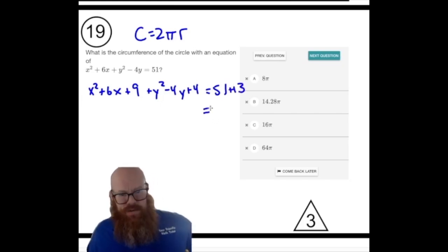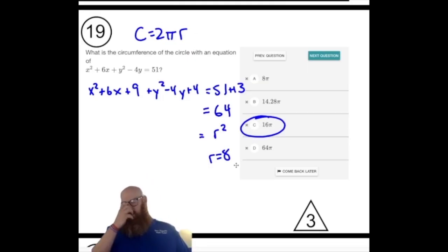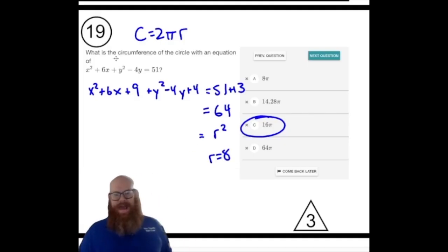If I'm doing this problem, I only care what's on this side, because this side represents r squared in the standard form of a circle formula, which means that r is 8, and when I sub in 8 up here, I just get 16 pi. So I can get that really quickly just by adding 9 and 4 to this side, and pretty much doing it without much work at all.